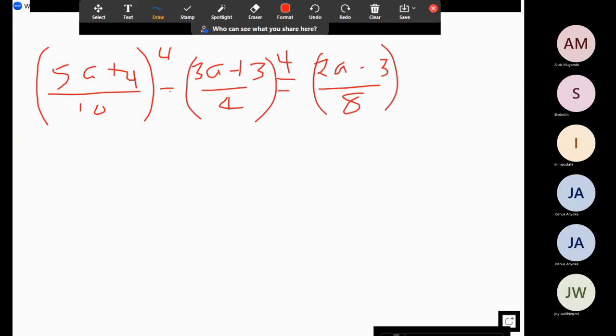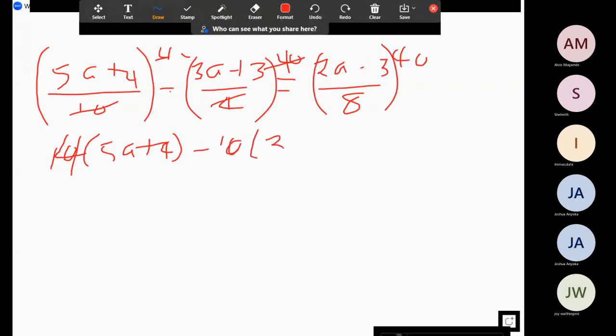And then we were at the level where we were multiplying 10 into 5a plus 4 minus 10, this is 4, 10 into 3a minus, what's the minus 3?